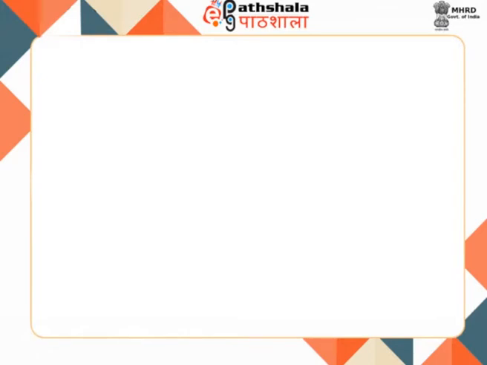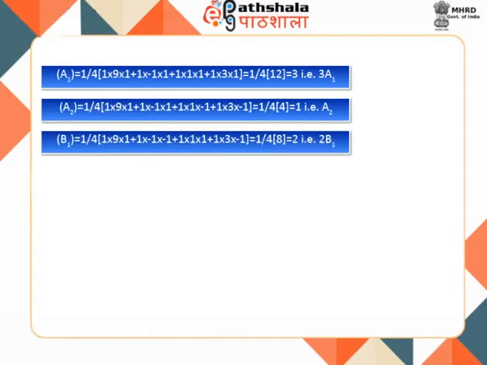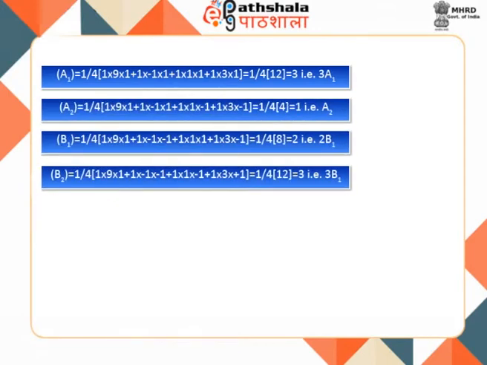Moving forward, let us now see that tau 3n can be reduced by following standard methods and the results are as given. Let us now find how many times the A1, A2, B1, B2 irreducible representations are there in tau 3n. Therefore, it is seen that tau 3n equals 3A1 plus A2 plus 2B1 plus 3B2.